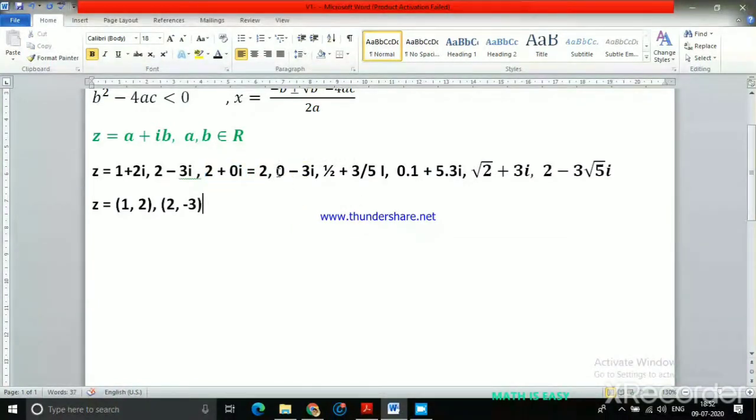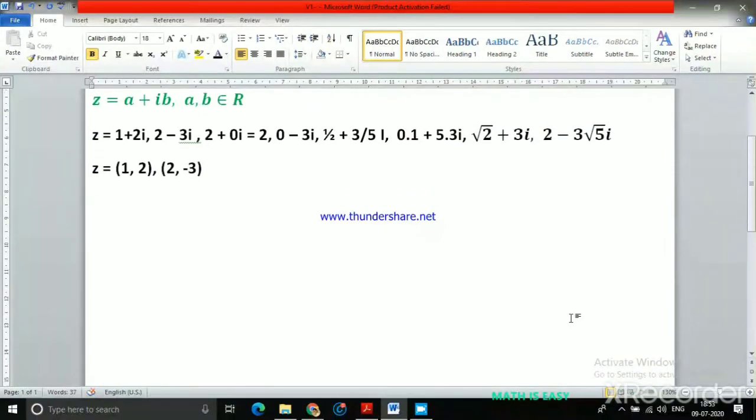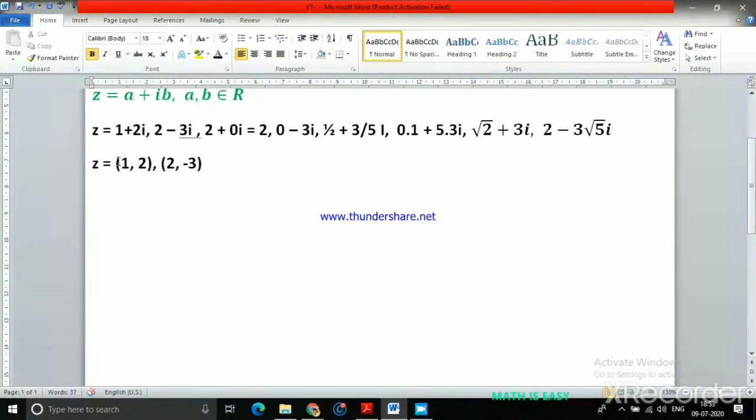Right? Then 0 minus 3i, I can take this point as (0, -3). I'm now representing these numbers on the Cartesian plane, but instead of x-axis, I call the horizontal line the real axis and the vertical line the imaginary axis. Okay. So in that case, I can represent them on the graph also.